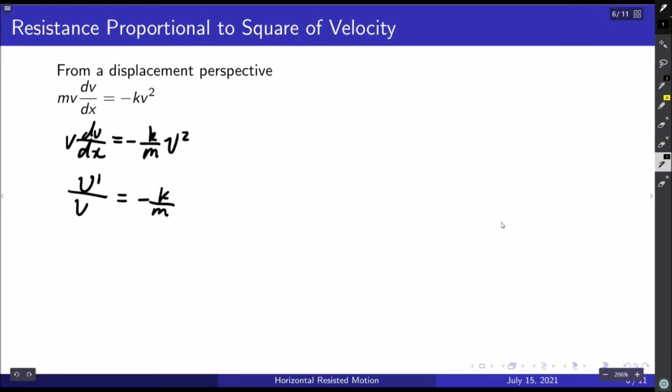Now, can you see that the v' on top is the derivative of the bottom? I'm going to emphasize this point: in v' over v, the velocity is a function of x, so they are in fact both functions of x.